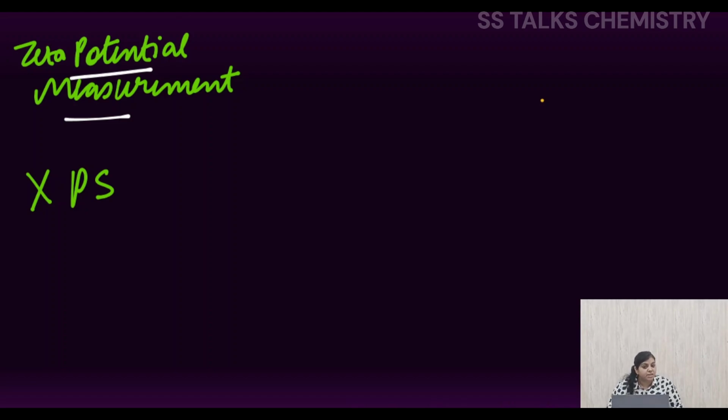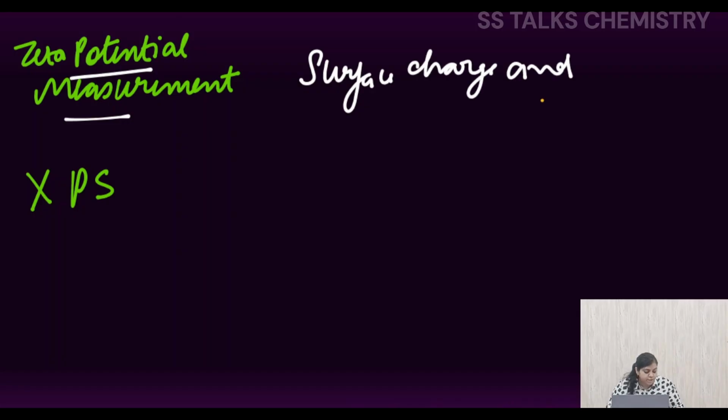So by measuring the zeta potential, you can measure the charge over your nanoparticles. So we can get to know about the surface charges, and about the colloidal stability of it.